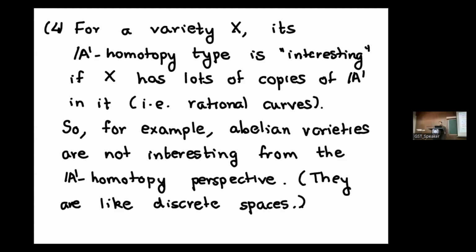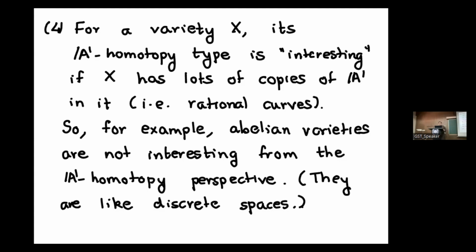And if you have a family of A1s parameterized by A1s, then you might get a higher dimensional simplex in L A1 of X. So as long as your X has lots of copies of A1 in it, the A1 homotopy type will represent something interesting, because that's what it is supposed to measure. It's supposed to show you the algebraic topology of the network of A1s in your X. That's the slogan that I had talked about earlier.